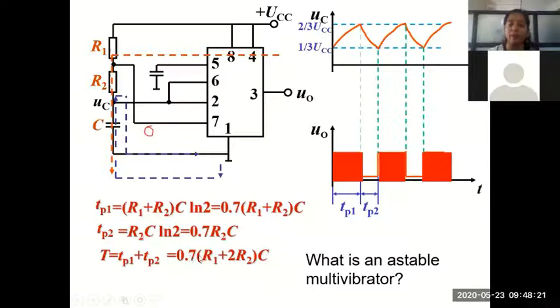Adding both, I'll get 0.7 R1 plus 2R2 into C. So this is the expression for the total time period T. If I know the total time period T, what will be the expression for frequency F? F will be 1 by T.